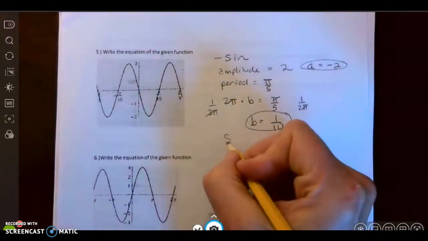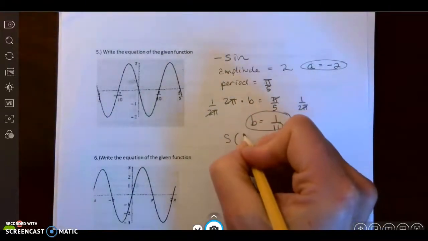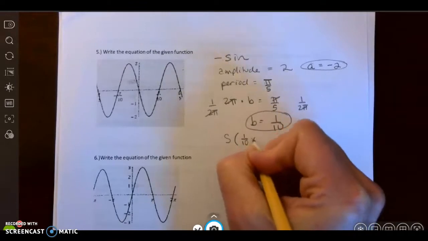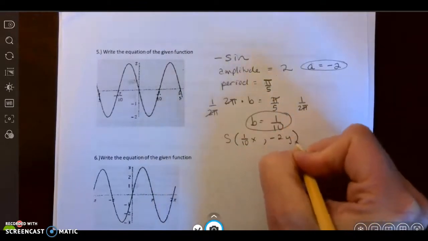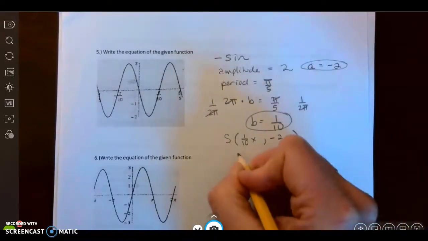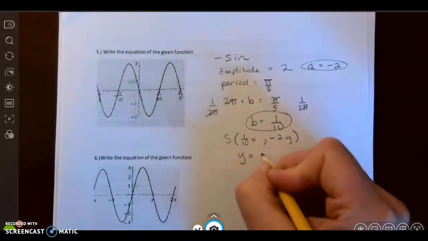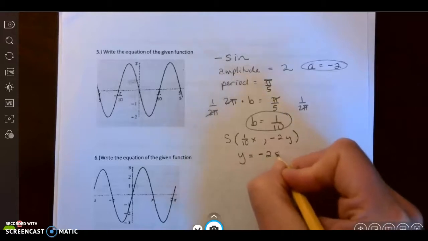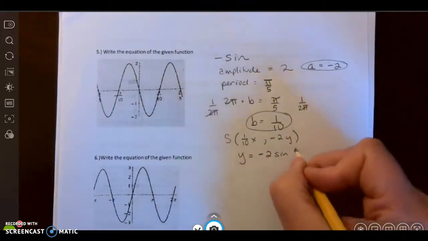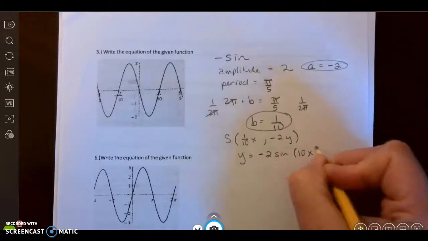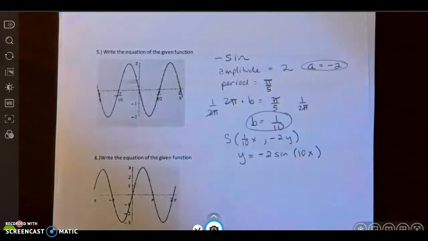Right, so my scale change is 1/10 x and -2y. So my equation is y equals -2 sine. Now since it's 1/10 x in the equation, it's going to be 10x.